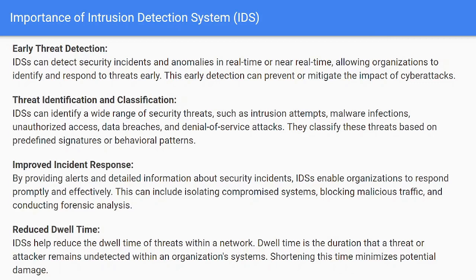So it can detect things like intrusion attempt. Okay, an unauthorized user is trying to access the network. Somebody is trying to intrude, stuff like that. It can detect that. It can detect malware infection. So if, for example, a malicious software has been downloaded into the company's network, it can detect that.